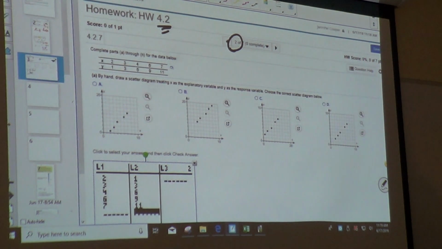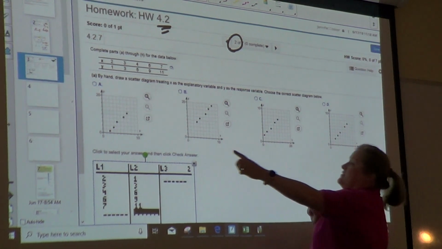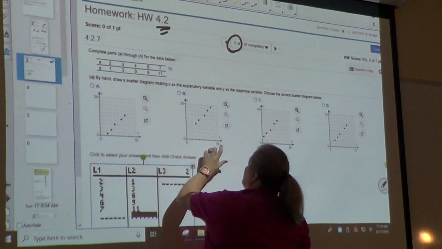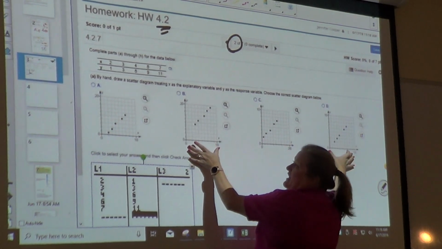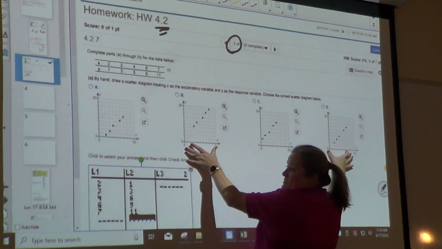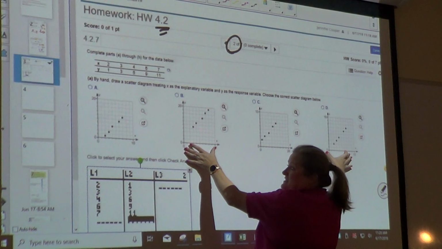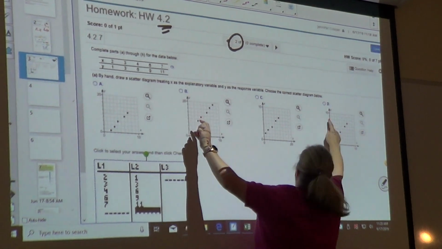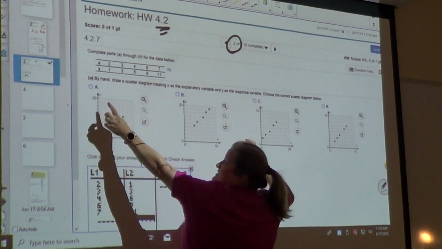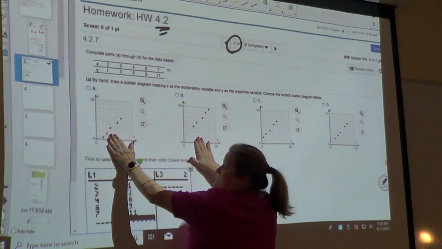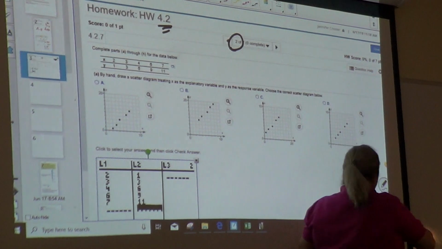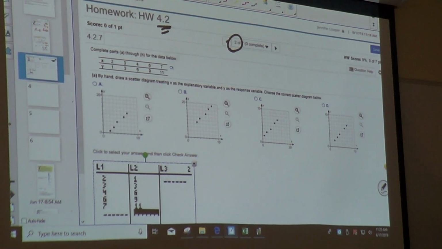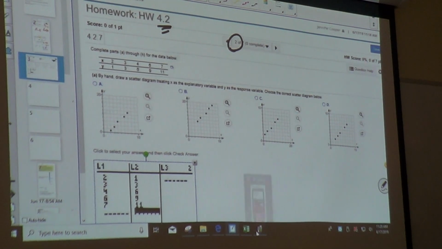Now, if it doesn't look exactly right, what I can do is go to my window. This one is 0 to 10, 0 to 10, 0 to 20, and 0 to 10. Since the majority of them are 0 to 10 on the x-axis, and this one's 0 to 20 and this one's 0 to 20, I've got 2 of these. So I'm going to try a 0 to 10 and a 0 to 20. Let me look at what it looks like.